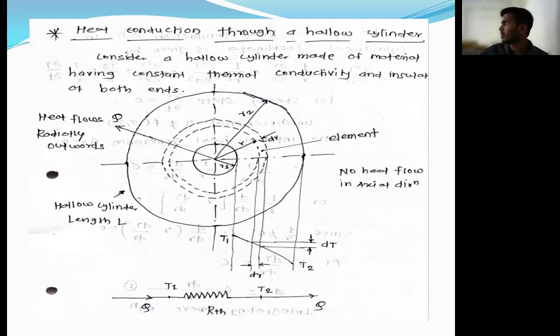Consider one cylinder. Whatever heat is produced inside that cylinder, or whatever heat is there, how will that heat be transferred from the inner side to the outer side? In which direction will the heat transfer take place? Are you able to imagine the cylinder or not? No.